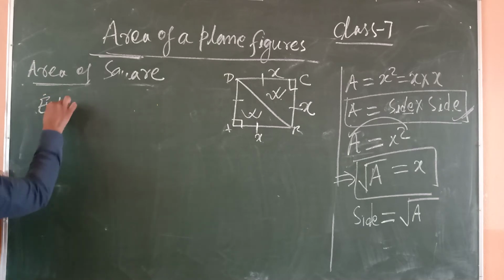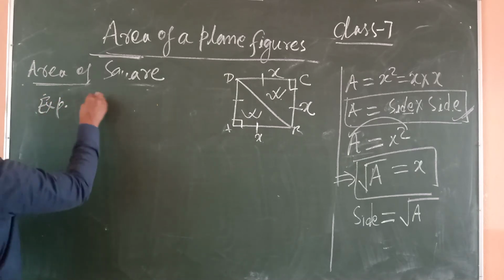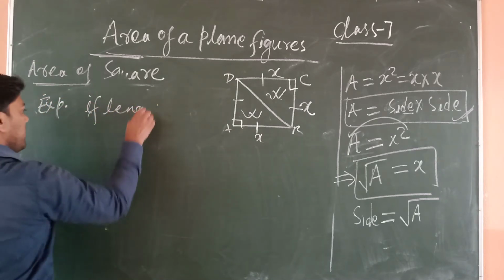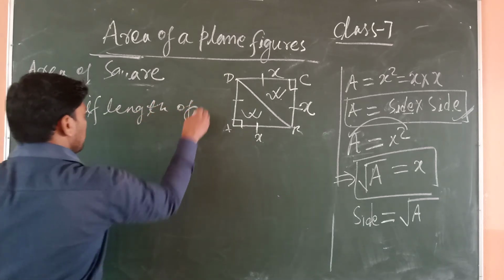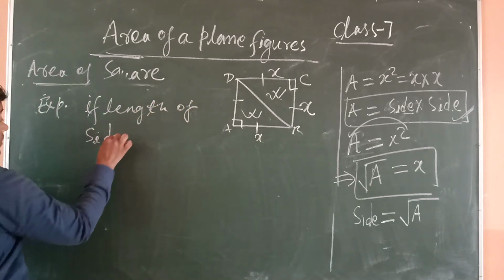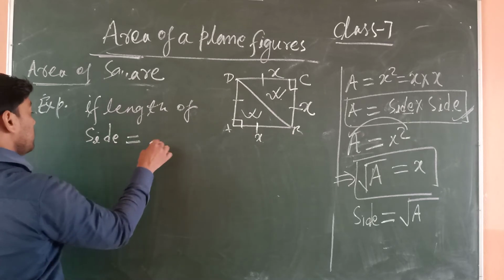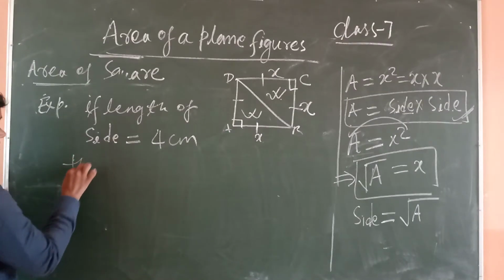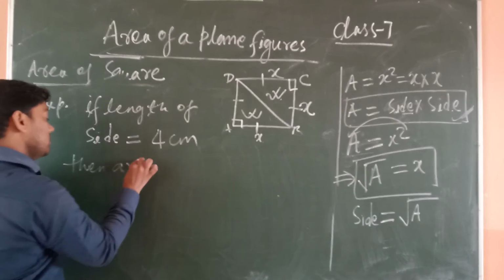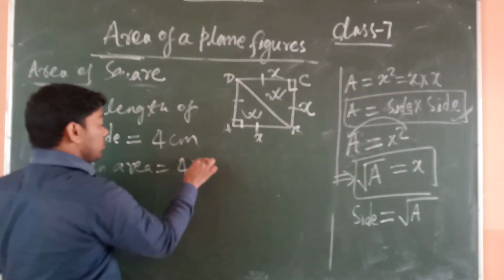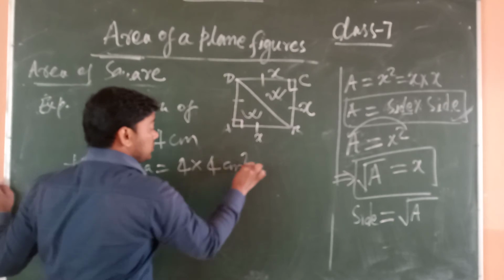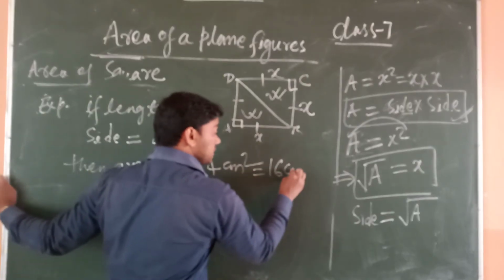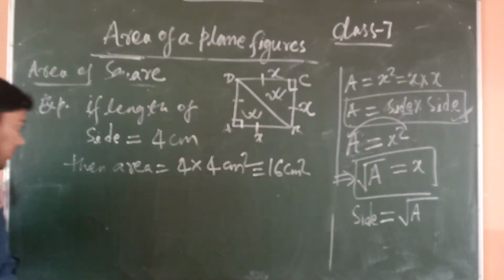As for example, if the length of side is equal to 4 centimeter, then area is equal to 4 into 4 cm into cm, which is 16 cm square.